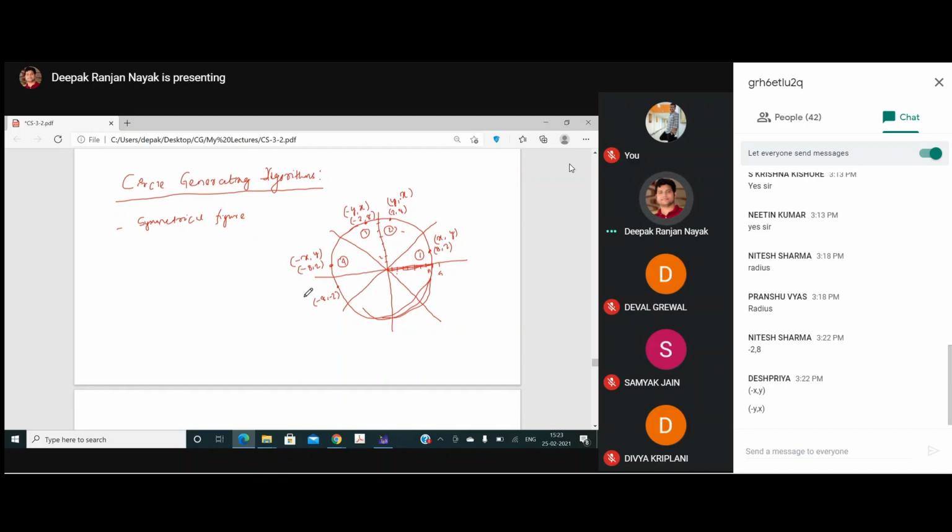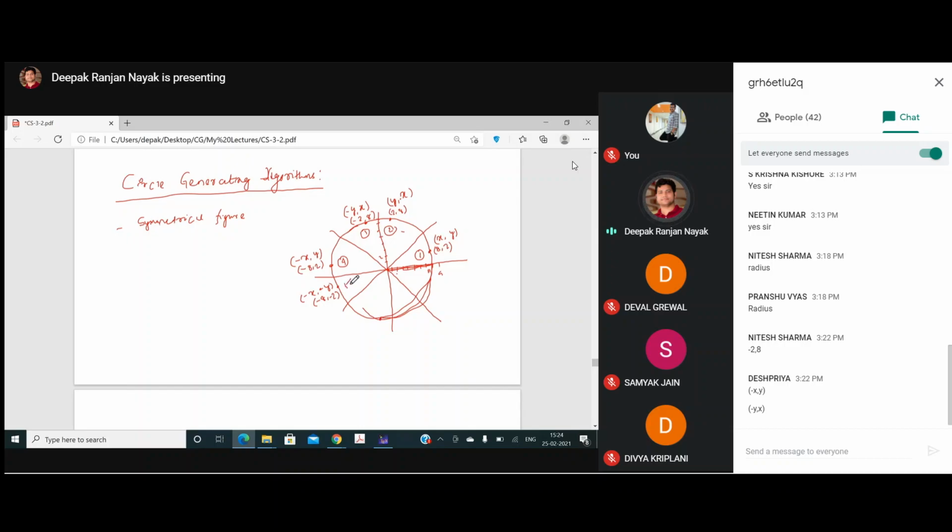It is nothing but -x, -y. So with the help of only x and y, see how we can derive other points. So you need to find only one point from the circle generating algorithm, and then you can apply the symmetry property and calculate 7 more points. That is what I want to say here. And here it is -2 and -8.